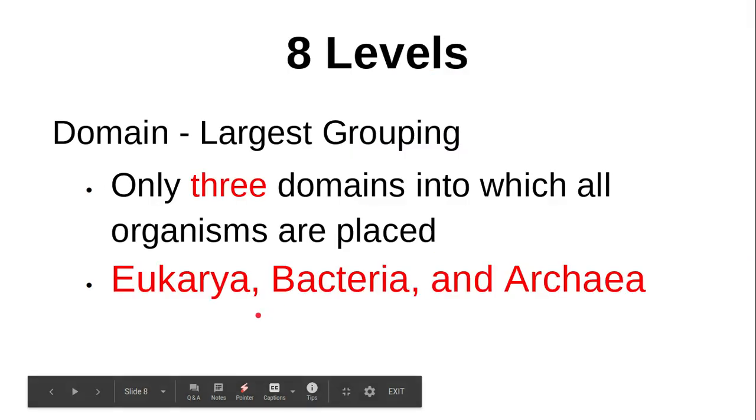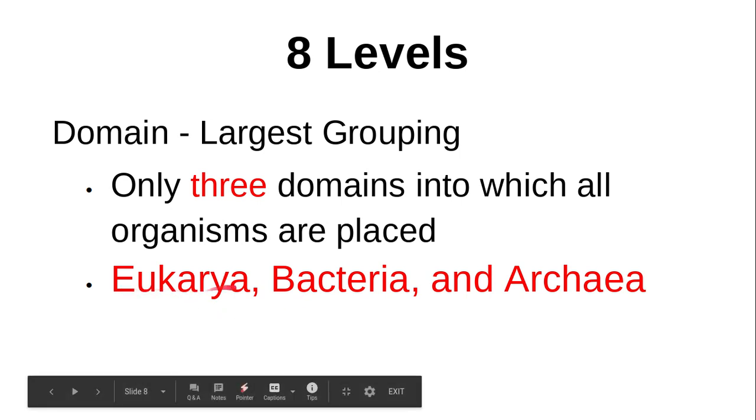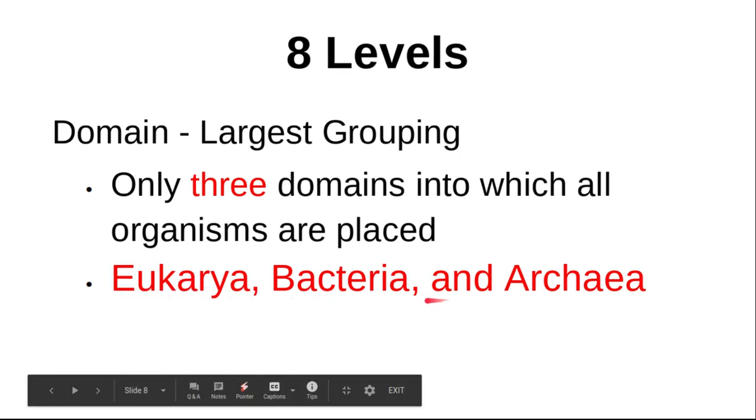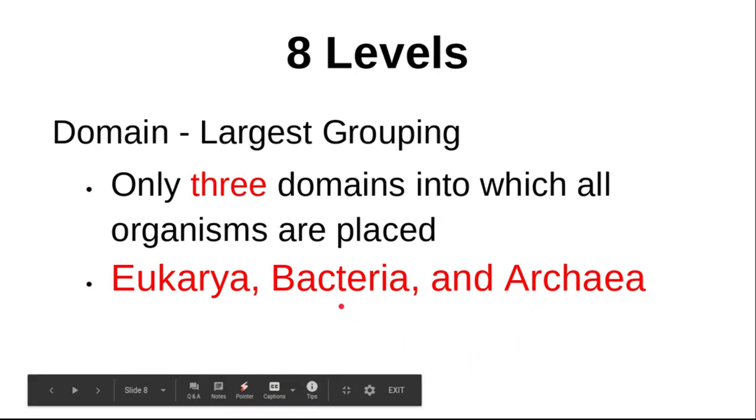So when we talk about these levels, the domain is the biggest one. And within the domain, there are three major groups: eukarya, bacteria, and archaea. We belong to the group eukarya. Bacteria and archaea both contain bacteria, but there's a slight difference between the two of those that we'll talk about later.